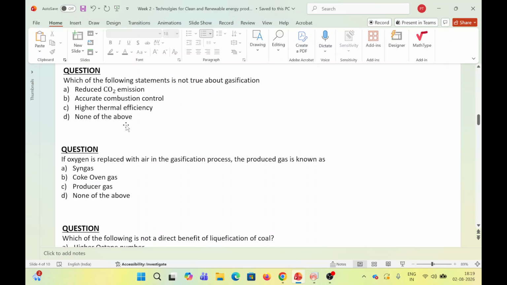Which of the following statements is not true about gasification? Reduced CO2 emission, accurate combustion control, higher thermal efficiency, and none of the above. I think this is probably a very easy one.